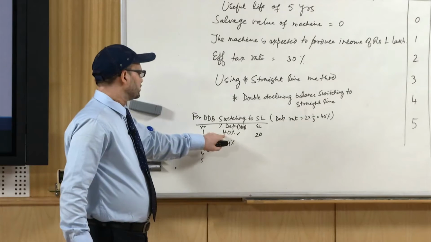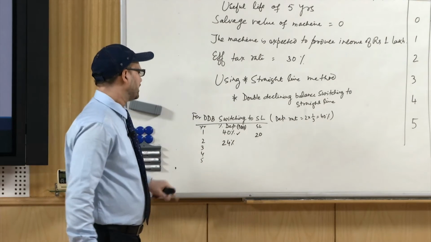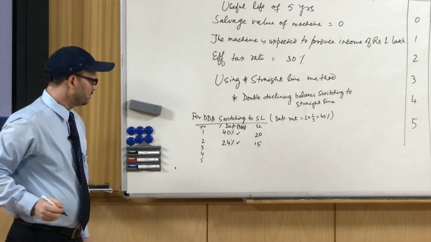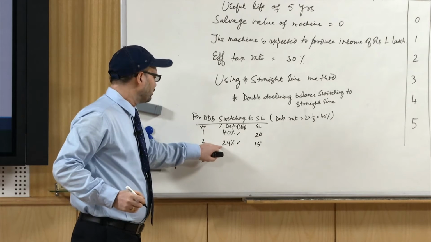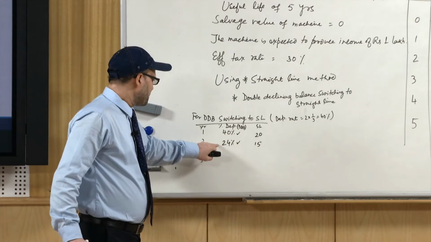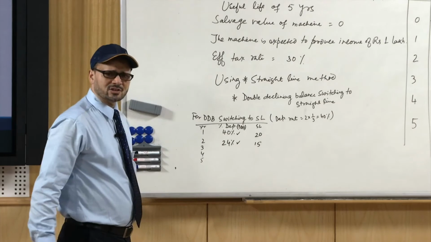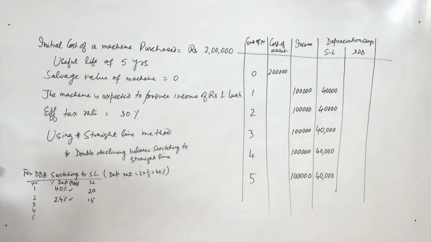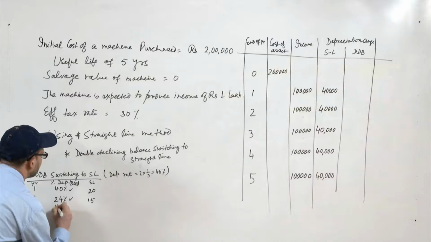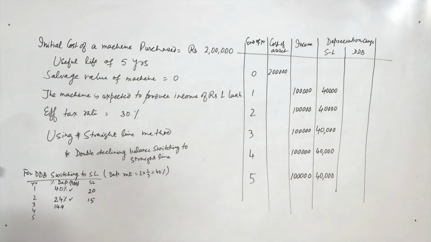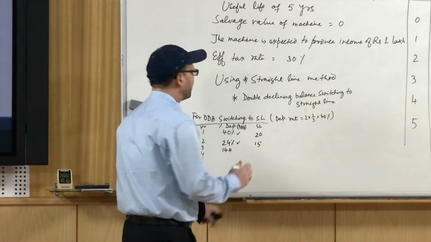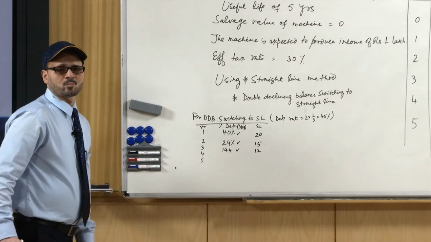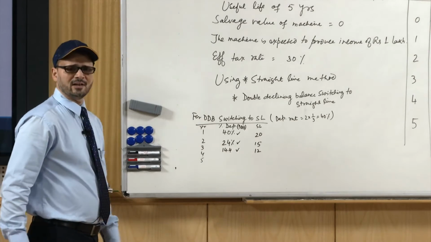So, 60 by 4, that is 15%. So, still DDB is taken. In the third year your remaining book value is 36. Using DDB, 40% of 36 is 14.4, and here you have 3 years remaining, so it is 12. So, again DDB is taken.